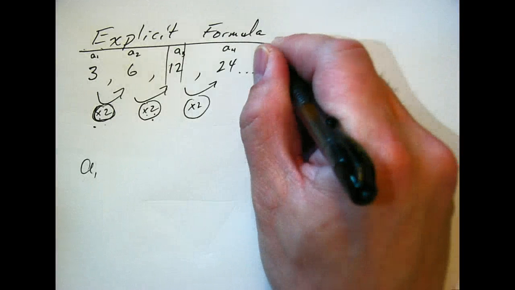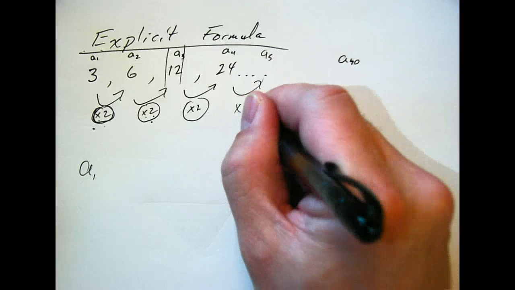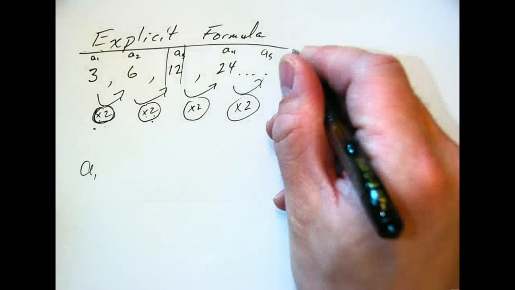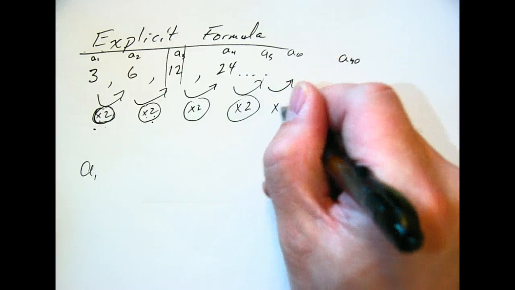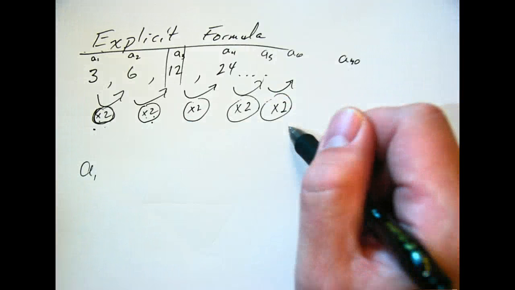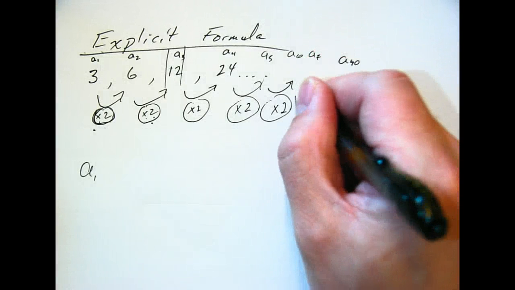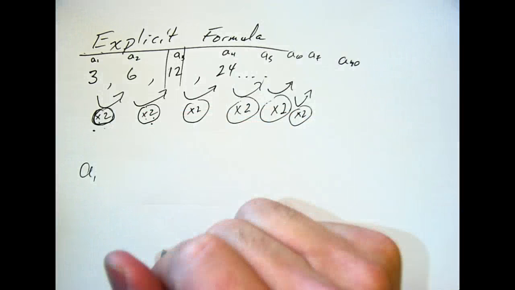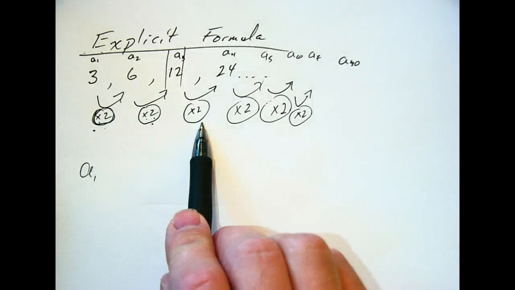What happens if I want to find a sub 5? How many 2's? 4. What if I want to find a sub 6? It gets kind of redundant when we say 2 times 2 times 2 times 2 times 2. And a sub 7? How many 2's is that? 6. Repeated multiplication of the same thing, that's a power.